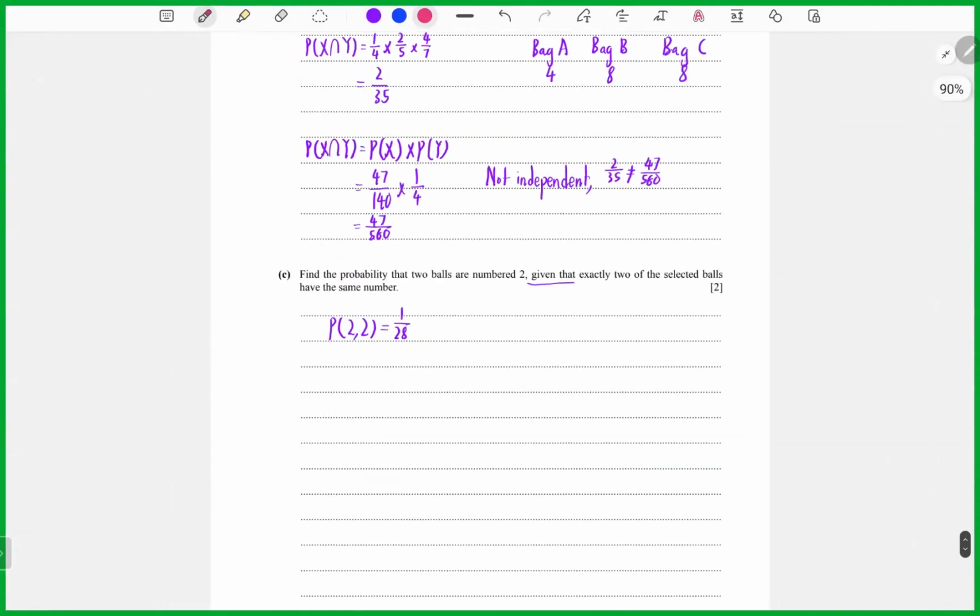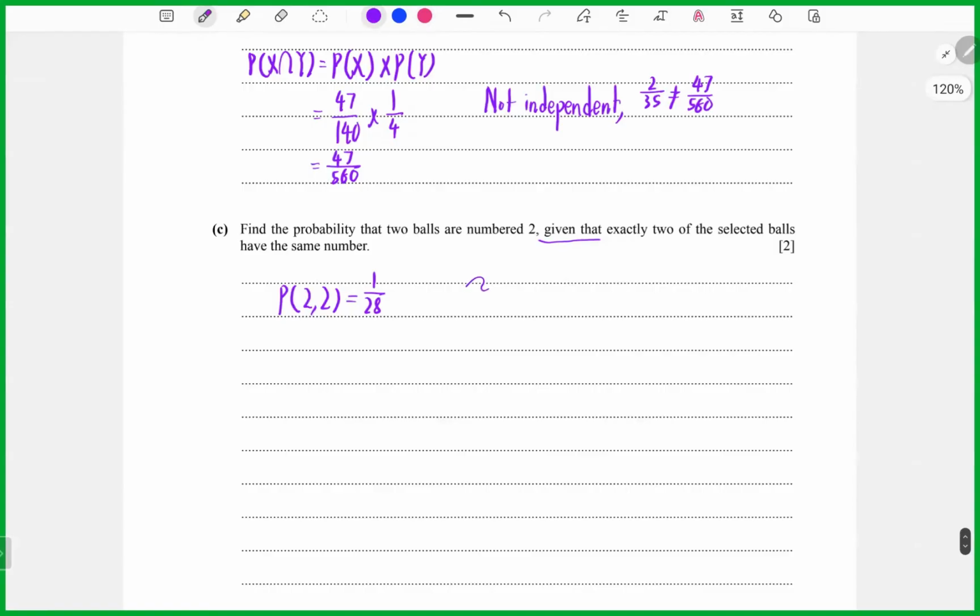Now we look at the same number. We already calculated that. So the same number is 47 over 114. So now we can take P of 2 given that same number.